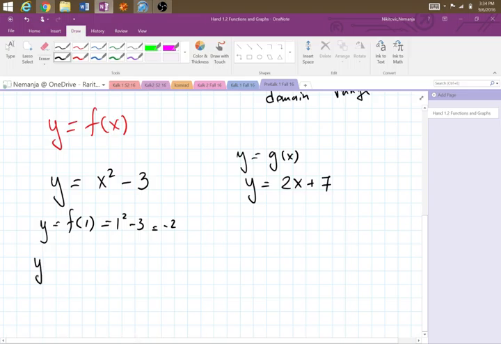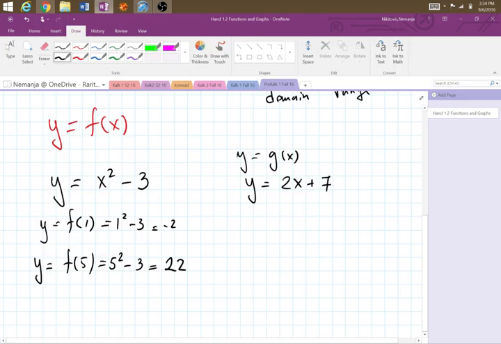We can also go y equals f of 5, in which case 5 squared is, very good, minus 3. Awesome. I gave you enough time. For calculations, it's a very ugly 22, so I'm going to make it a little bit better. So those are my f of 1, f of 5.